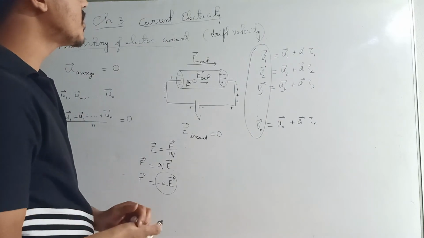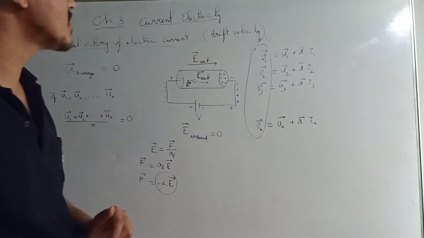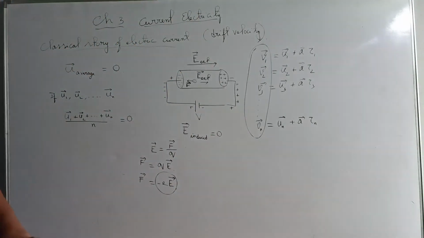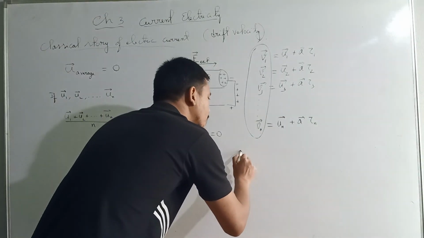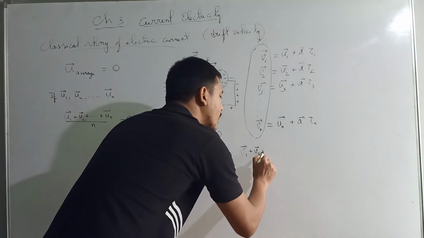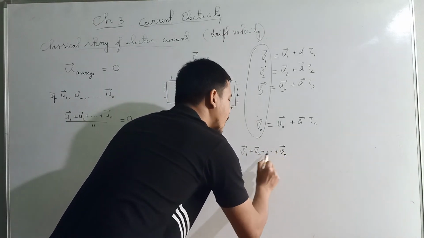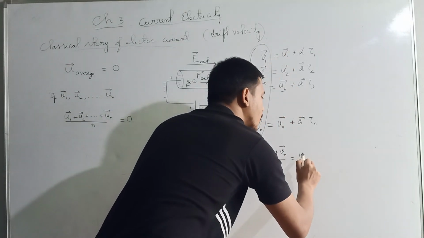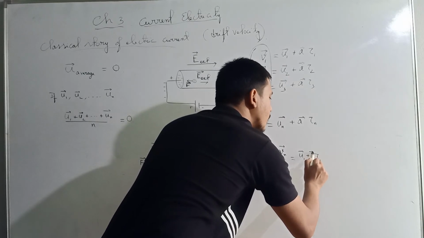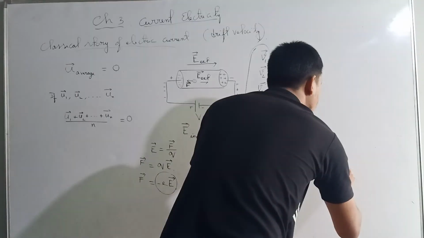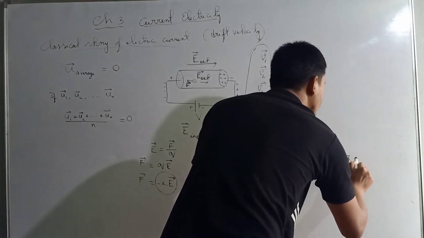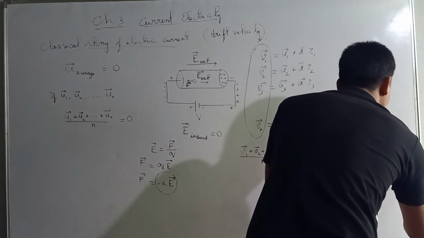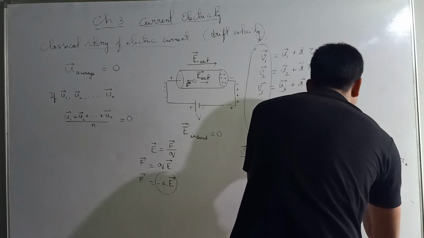if V1, V2, V3 and so on up to Vn are the velocities of n number of electrons before suffering collision with the positive ions of the conductor, then their average velocity, V1 plus V2 and so on up to Vn upon n, will be given by: V1 means U1 plus a tau 1, V2 means U2 plus a tau 2, and so on up to Vn means Un plus a tau n, divided by n.